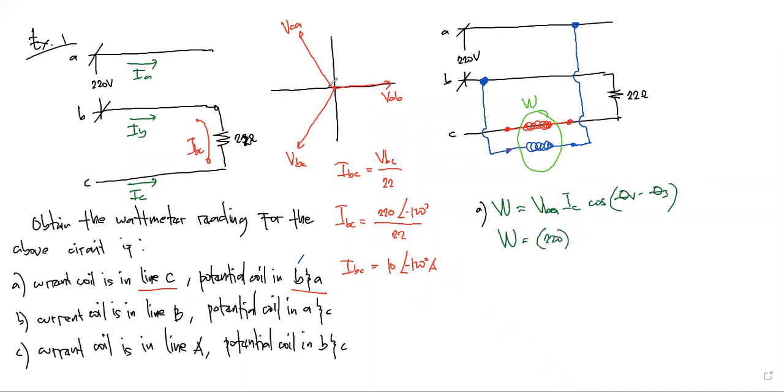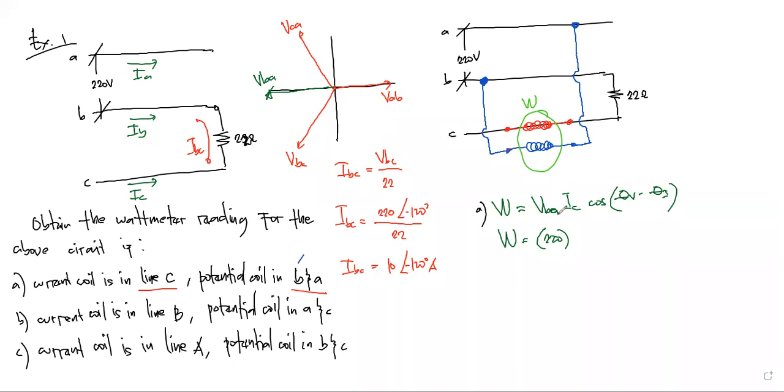So although VBA is situated graphically, the phasor of VBA is the opposite of AB, but the magnitude of AB and BA is actually the same, only their direction is opposite.